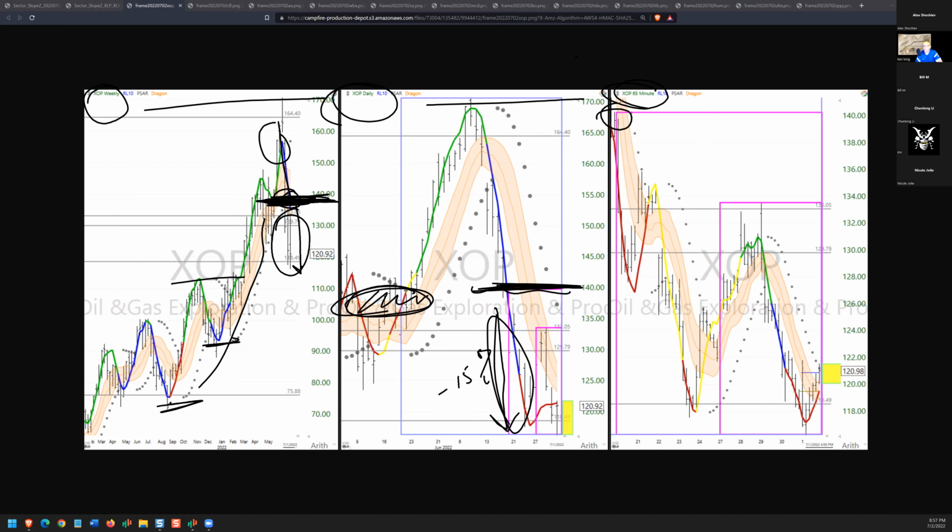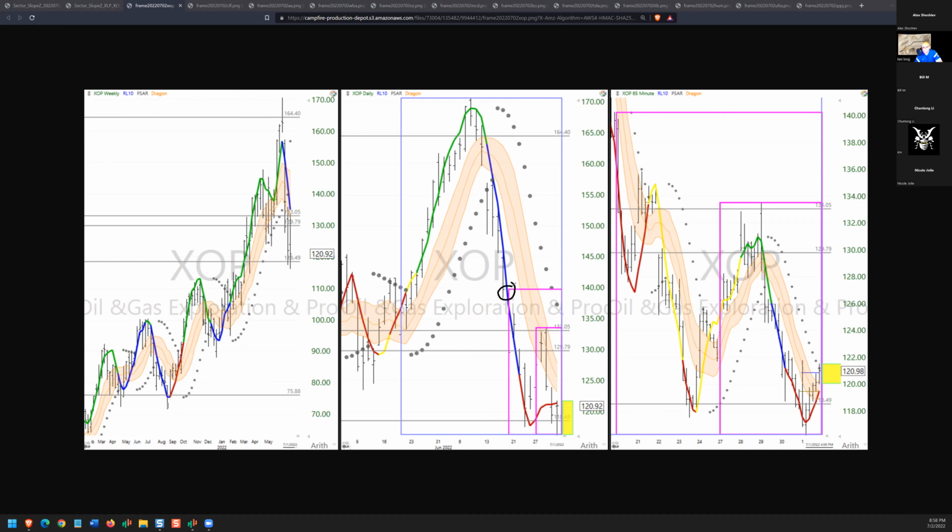That's this move. So now when we zoom in on the tactical, this break right here is that break. That 140 is this 140, which is also this 140 right here. Notice where it hits the PSAR on the weekly.